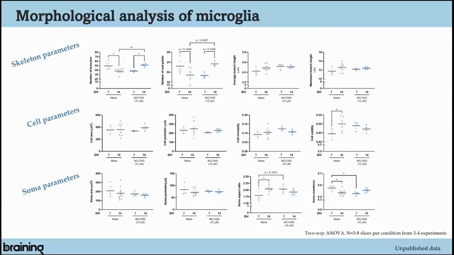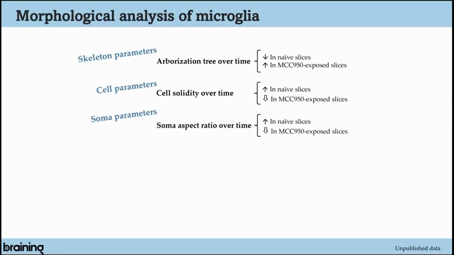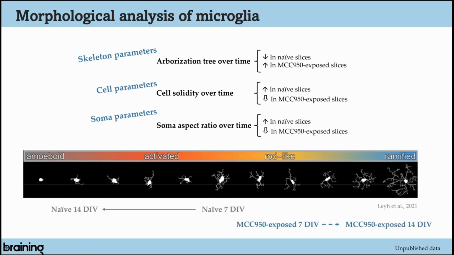Like I said, this is still ongoing work, but even so, we could see that arborization tree, cell solidity, and soma aspect ratio were different between naive and MCC 950 organotypic slices, and that led us to think that we could indeed have a shift. So while naive slices seem to be in this, so this is a figure that shows all the different morphologies for activated microglia.